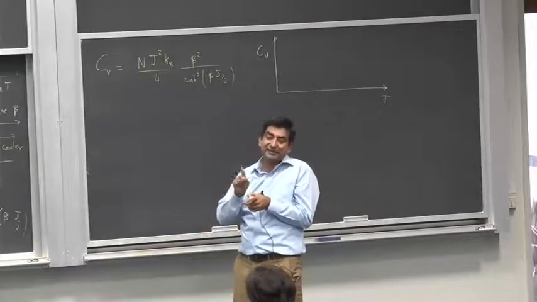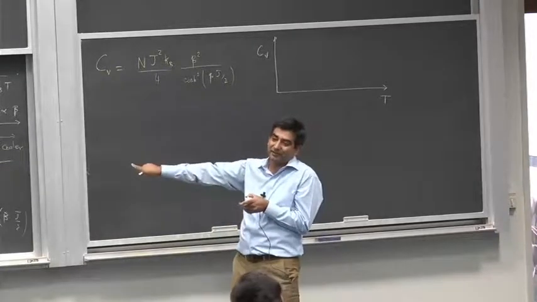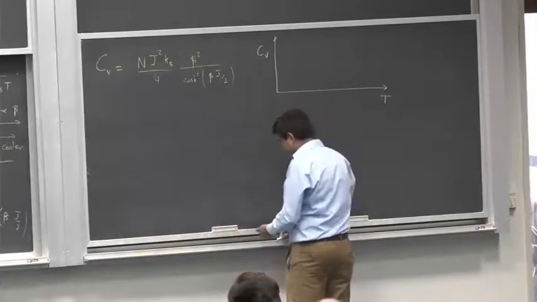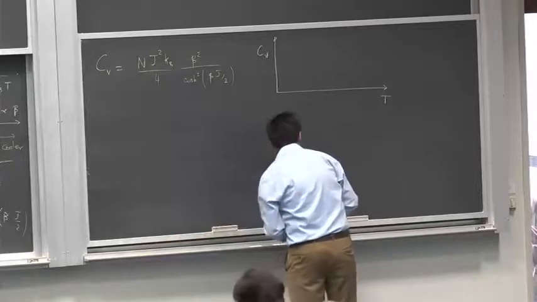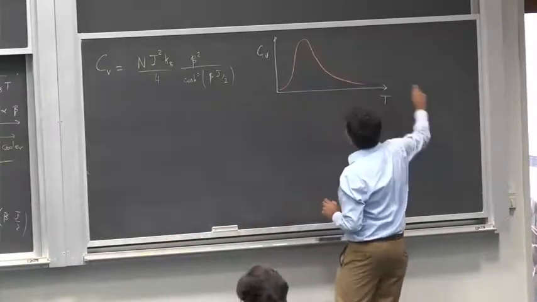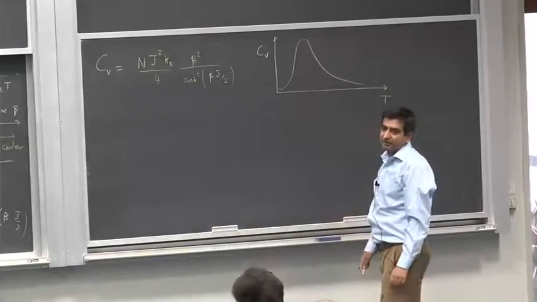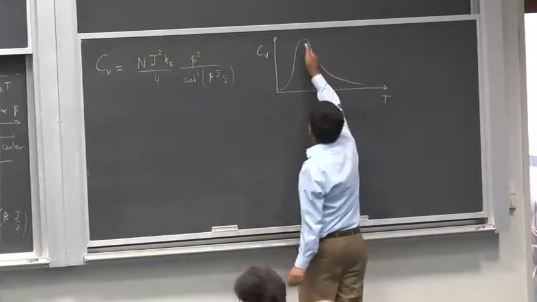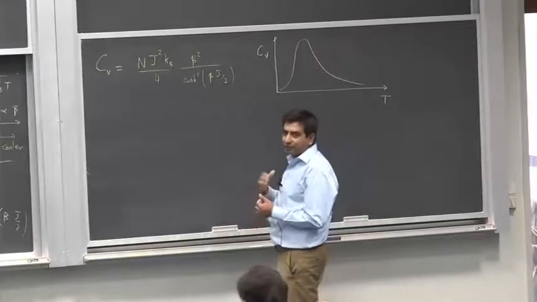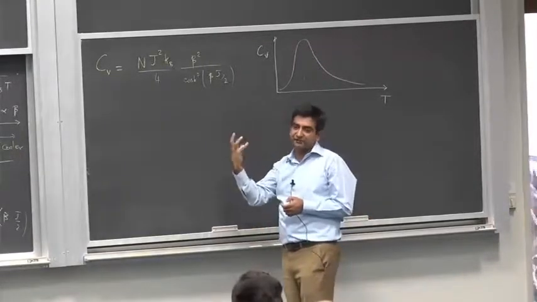This is only the heat capacity associated with the spin degree of freedom, the magnetic heat capacity. And if I were to plot this, I'll get a nice result, which is generally called a Schottky anomaly, in which I have a peak and the heat capacity drops again. And this measurement of the heat capacity can actually tell me what the value of the exchange coupling constant J is for the system.